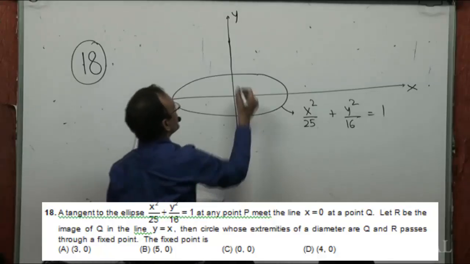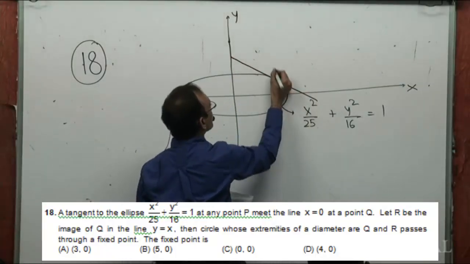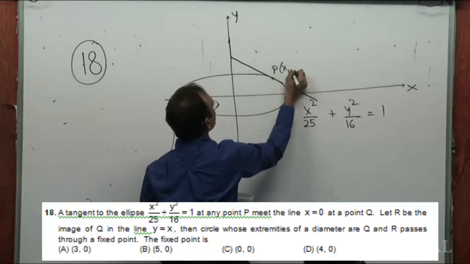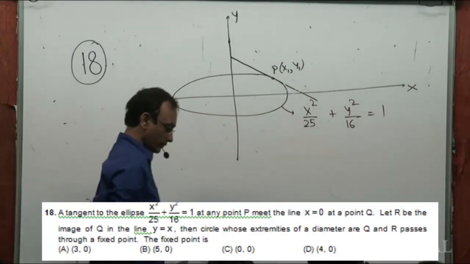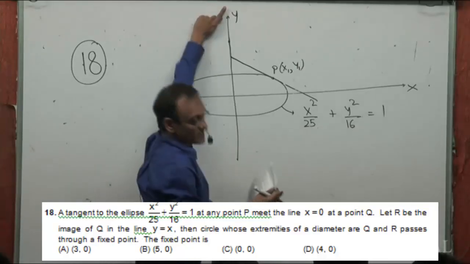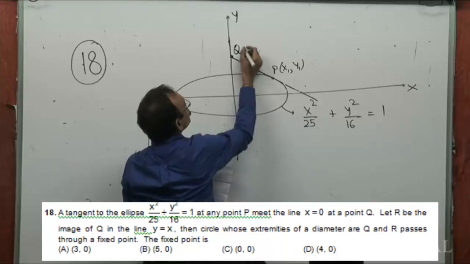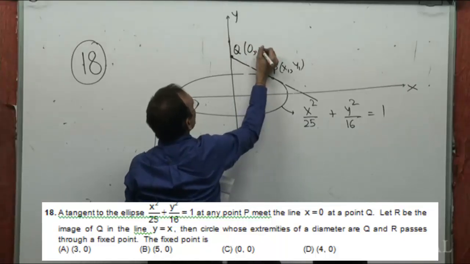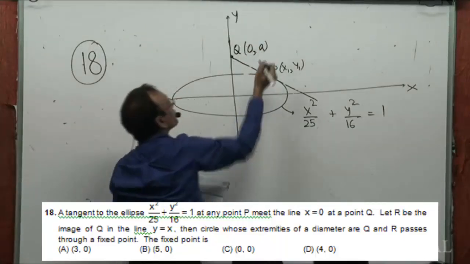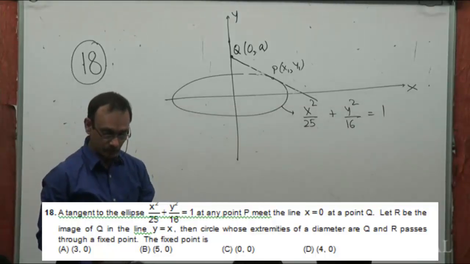A tangent at any point P (x1, y1) meets the line x equal to 0, meaning the y-axis, at Q. Q, let's say, has coordinates (0, a). Right?